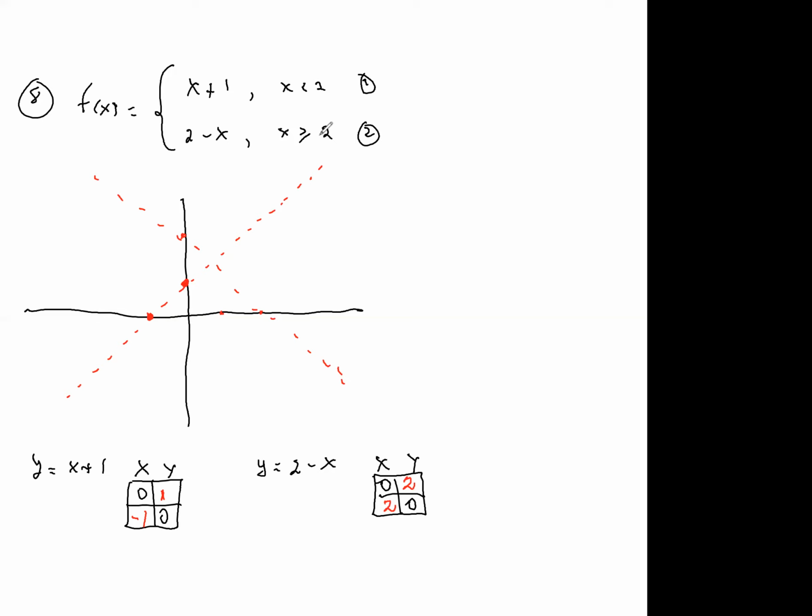So, pick up a condition right here. What is the condition for the first one? The condition for the first one says all numbers less than 2, not included. I look for number 2, open, in this direction.